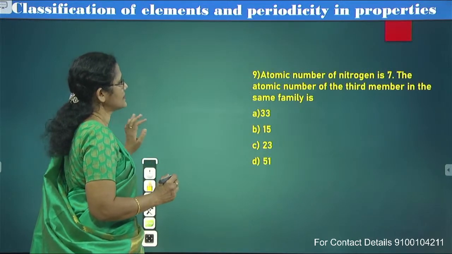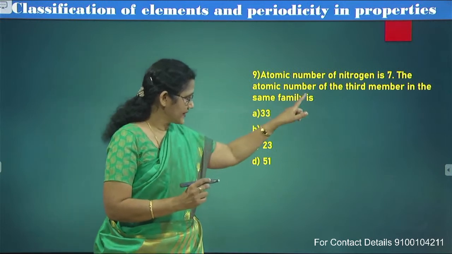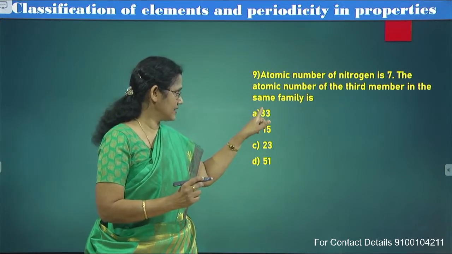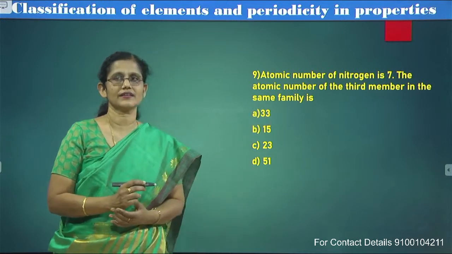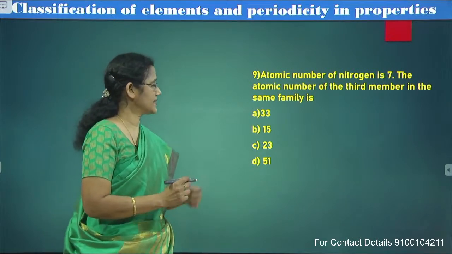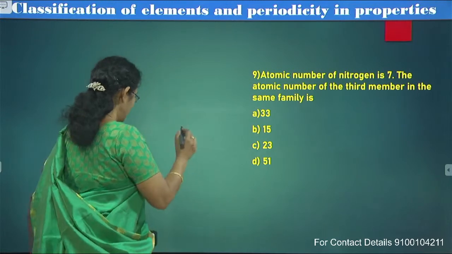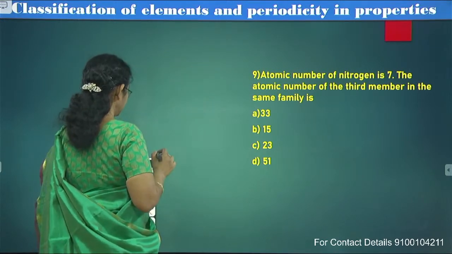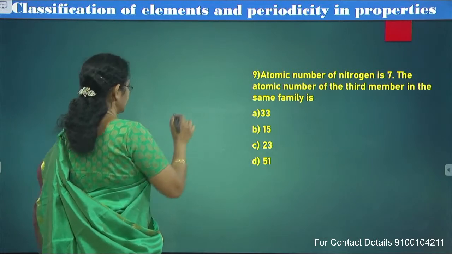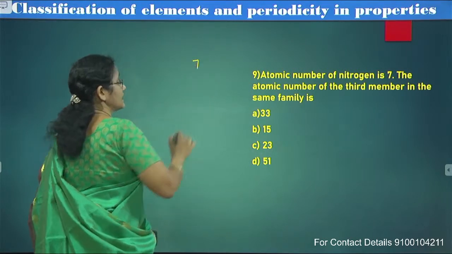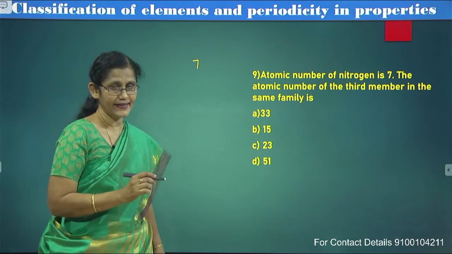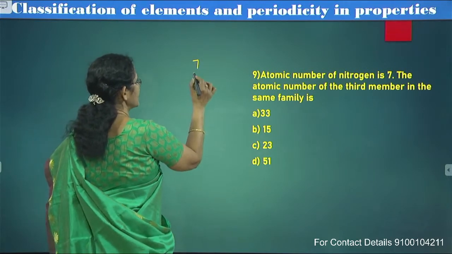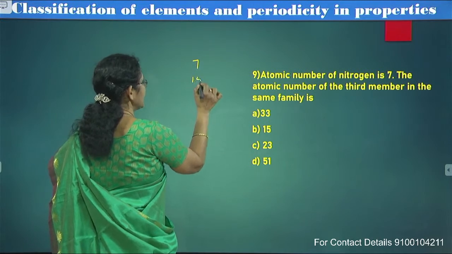Now, see the question: the atomic number of nitrogen is 7, the atomic number of the third member in the same family is, right. When I say nitrogen is 7, keep on adding 8, 8, 18, we discussed, right. After 7 add 8, now it becomes 15.